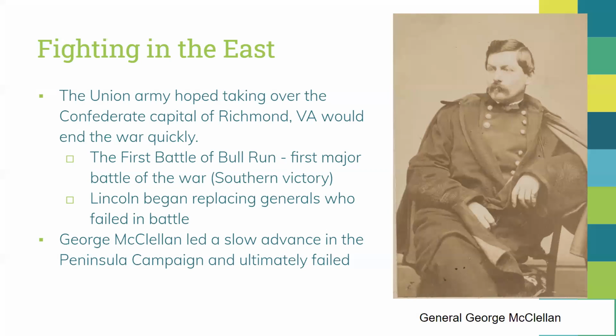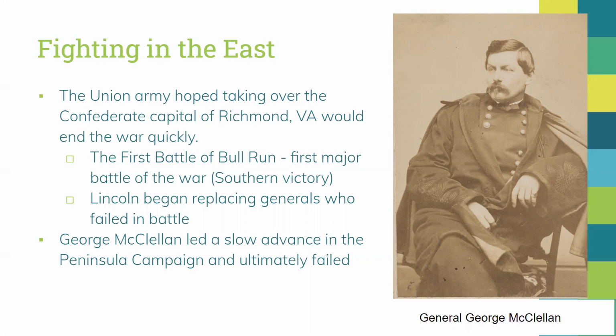And at this first battle, the North loses a major battle. It's the first major battle of the war. It's a Southern victory, and it leads off a series of Southern victories for the first couple years of the war. And seemingly, after almost every one of these large battles, Lincoln begins firing generals who failed in battle.